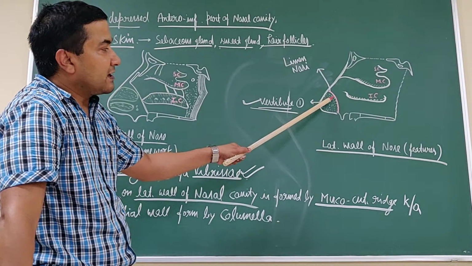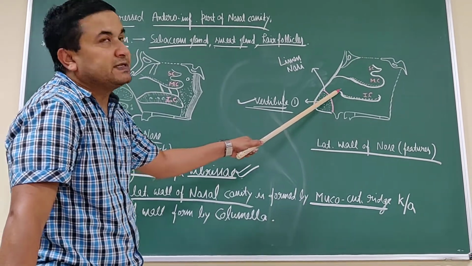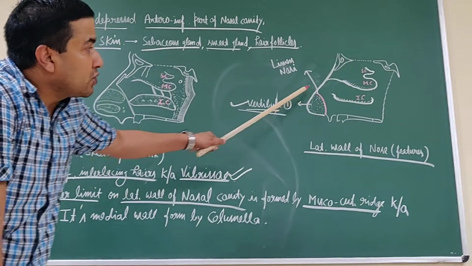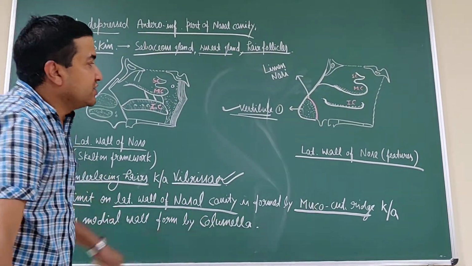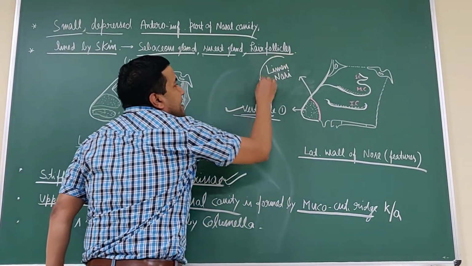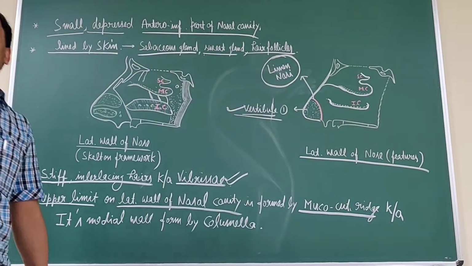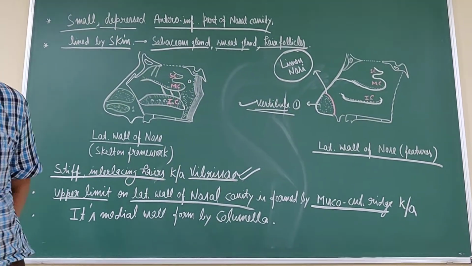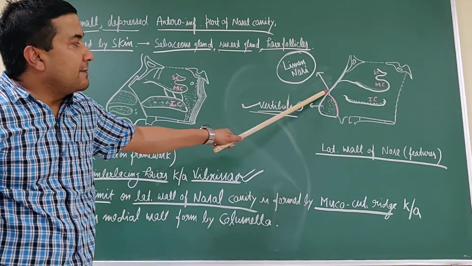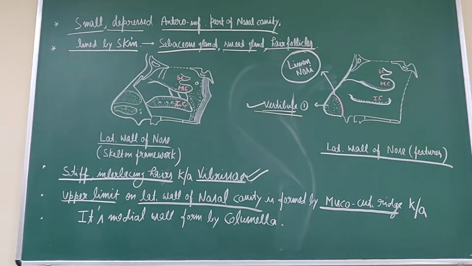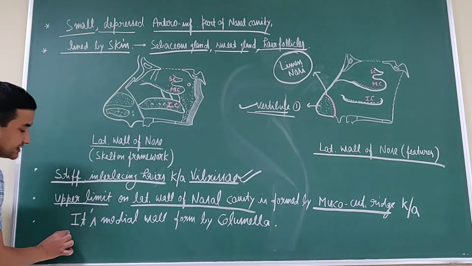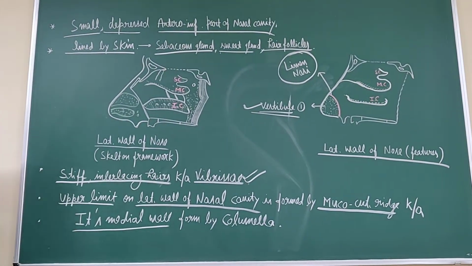It is a junction where the skin ends and from here it is mucous membrane. This ridge is known as the limen nasi, and it forms the upper limit of the vestibule of the nose.